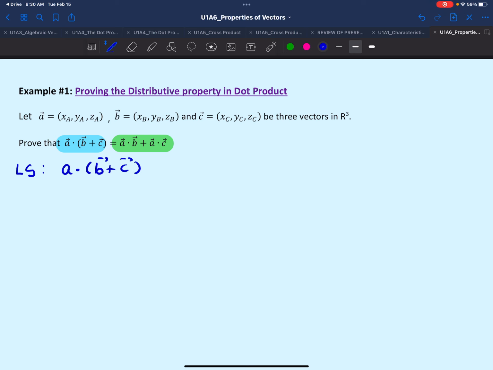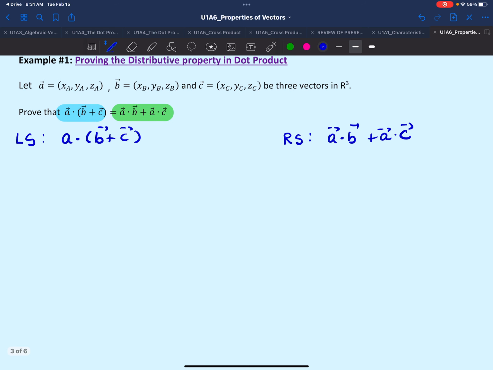And we'll substitute the coordinates and simplify. We'll do the same thing with the right side, which is A dot B plus A dot C. We'll simplify until we see that the two sides will simplify to the same expression.